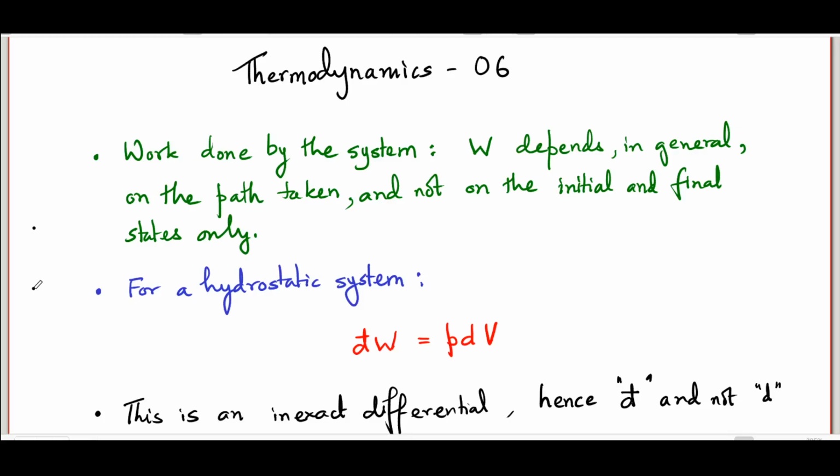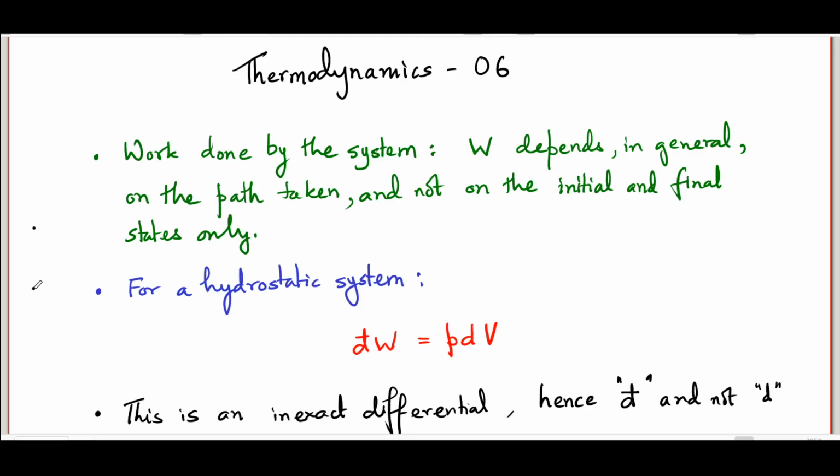Now, as you can see from the notation, we have written d cross W for this and not dW. That's basically because the quantity on the right, P dV, is not an exact differential. It's an inexact differential. And what that means is that there is no real function W, a function of the thermodynamic coordinates, whose differential is given by P dV.